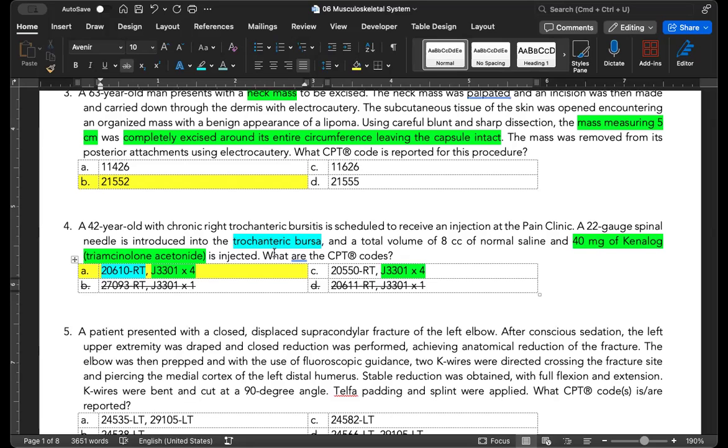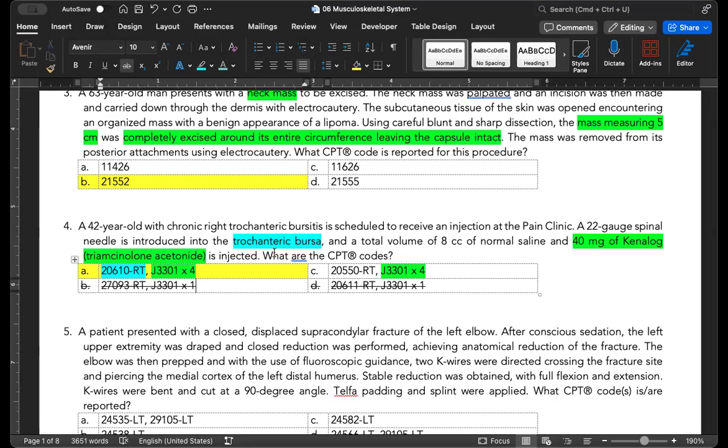Is there any shortcut besides going to the front of the muscular section that's not on the diagram of the skeleton there? My only suggestion would be to go back to the alphabetic index and see if that would give you your location too. Because sometimes your alphabetic index will kind of guide you in the right direction. Sometimes, not always, but sometimes. Okay, thanks. You're welcome.